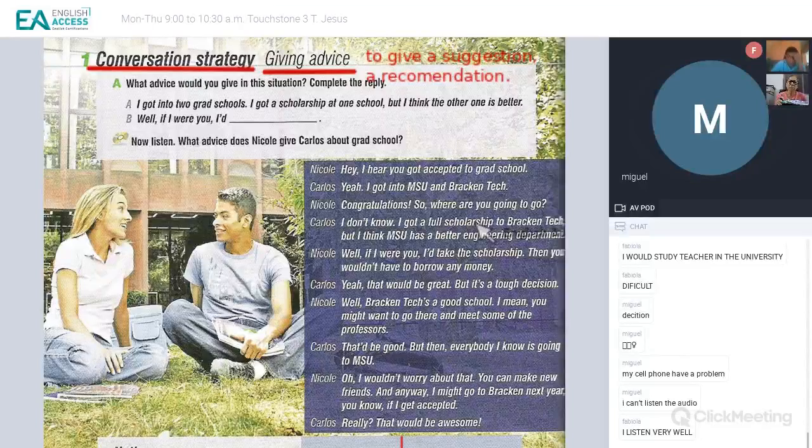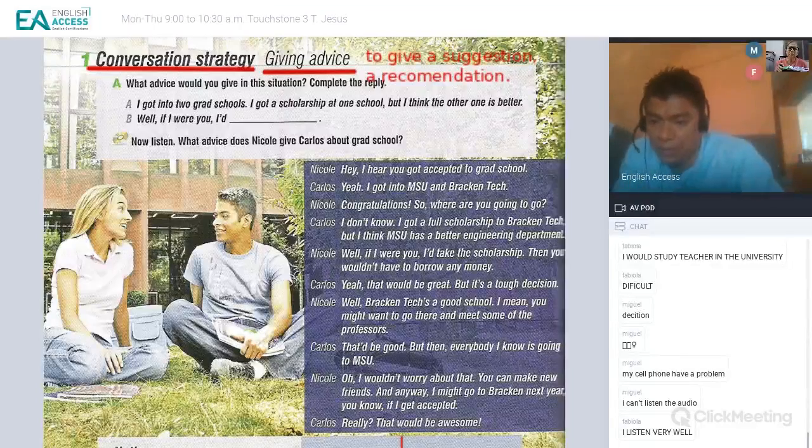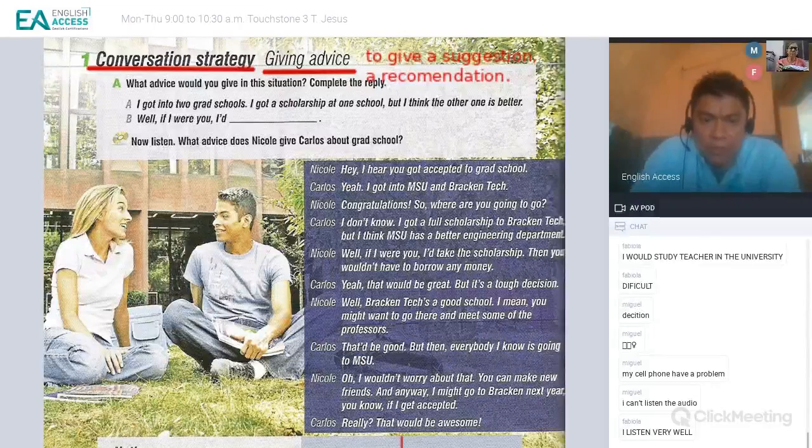Full scholarship. That means the school pays for everything while he studies. So he got a full scholarship to Bracken Tech. But I think MSU has a better engineering department. So he's doubting. He doesn't know what is a better choice.